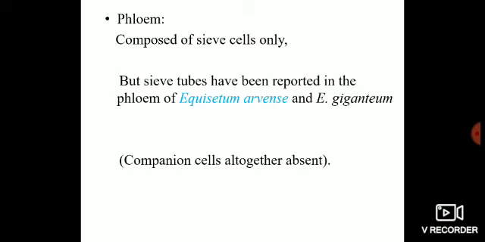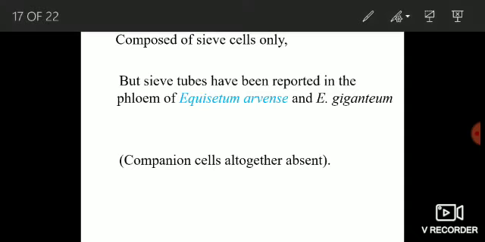And these sieve tubes are completely absent in case of pteridophytes, but there are some exceptions. For example, you have Equisetum arvense and Equisetum giganteum, in which sieve tubes have been reported in the phloem. Okay, but in the majority of cases, you have to remember that only sieve cells are present.